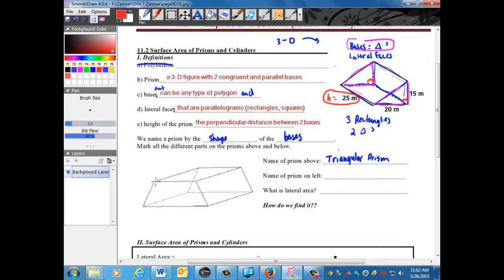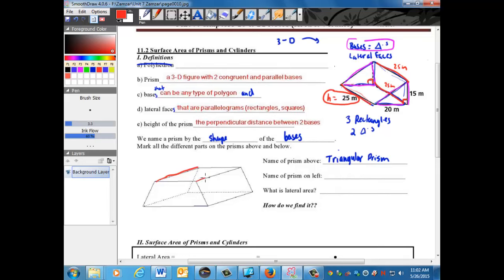Over here we had two heights. We had this height and this height. Sorry, we have three heights. So this is a height, this is a height, and this is a height, and all of those lengths will be 25 meters for these three lengths.